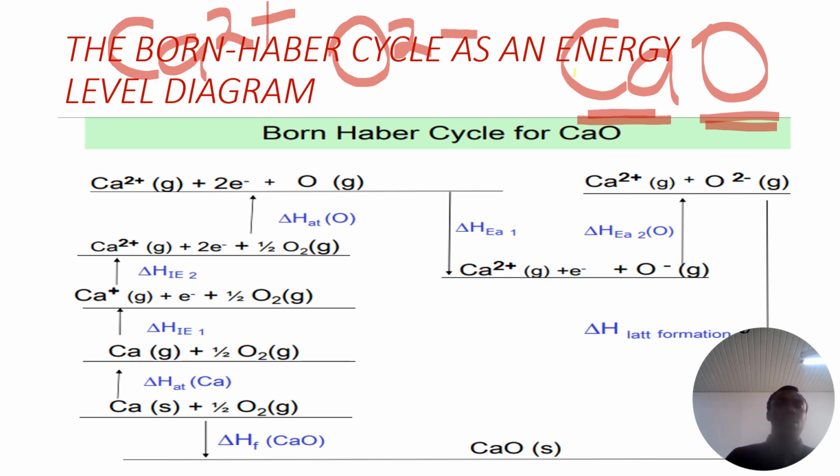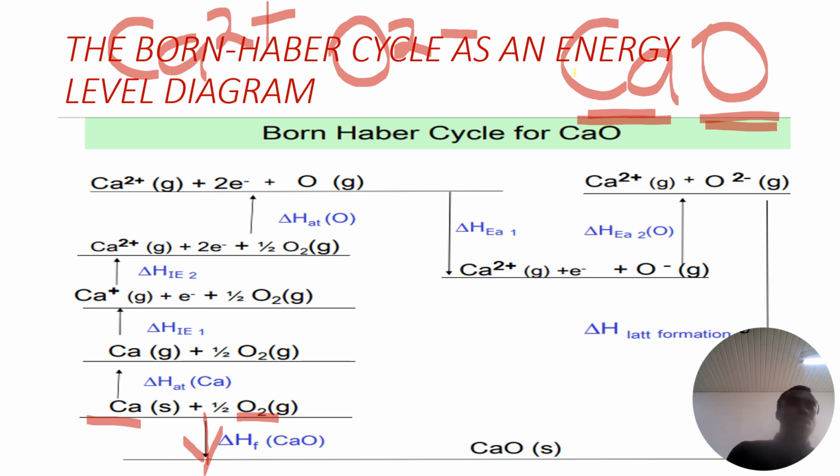The first stage we are going to consider, you can see the arrow is moving downward, which is an indication that it is an exothermic process. That is the enthalpy change of formation of calcium oxide, which is the enthalpy change when 1 mole of calcium oxide is formed from its elements, calcium and oxygen, under standard condition.